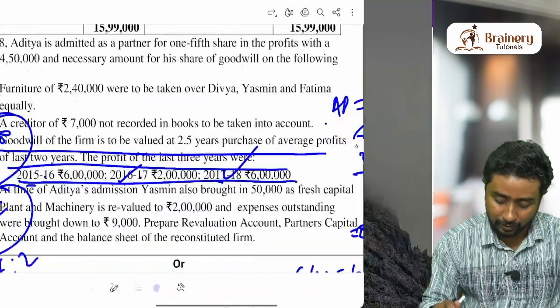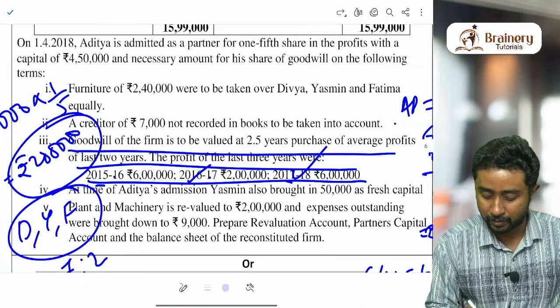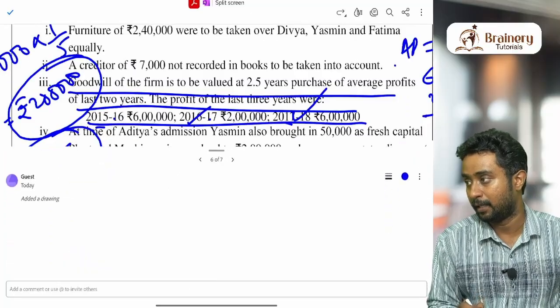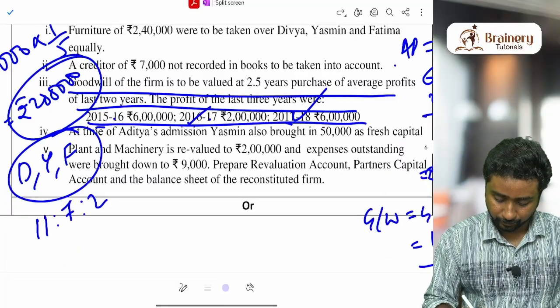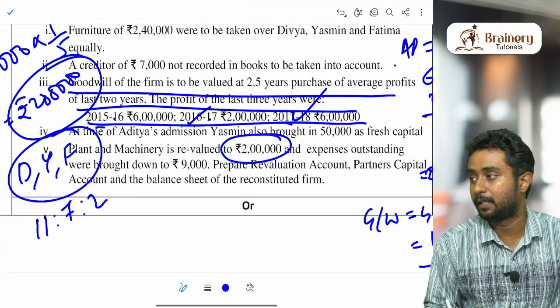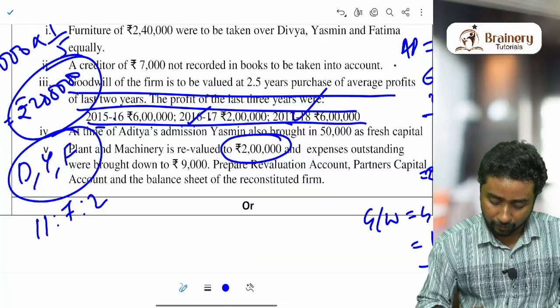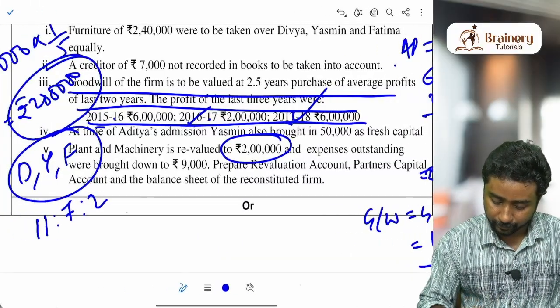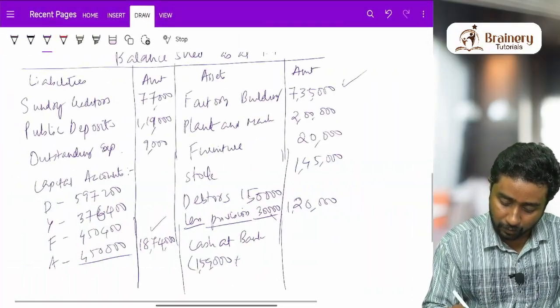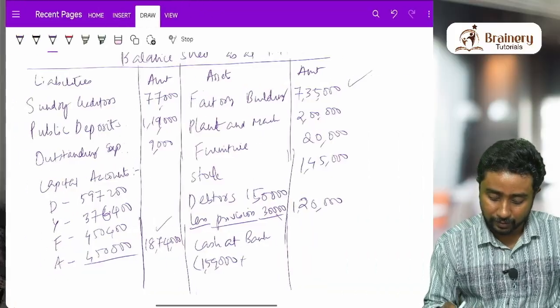Then plant and machinery, is there any change? Obviously plant and machinery is revalued to 2 lakh. As you can see here, plant and machinery is revalued to rupees 2 lakh. So that amount you have to show. Next is furniture.